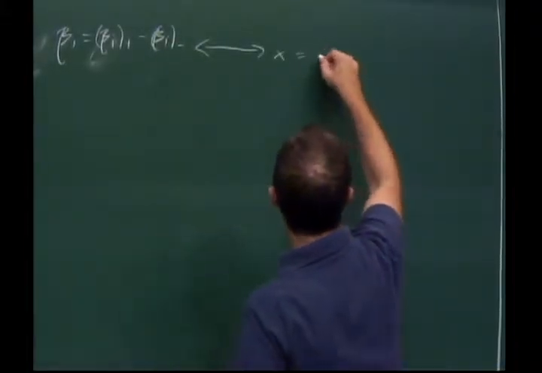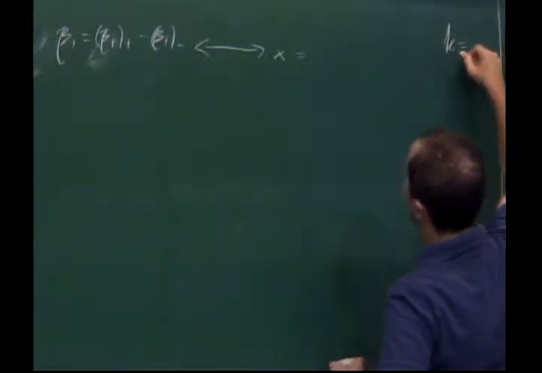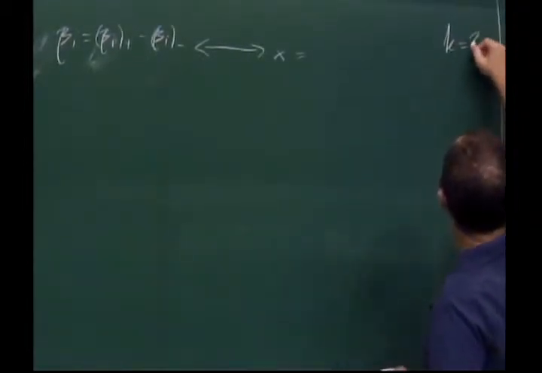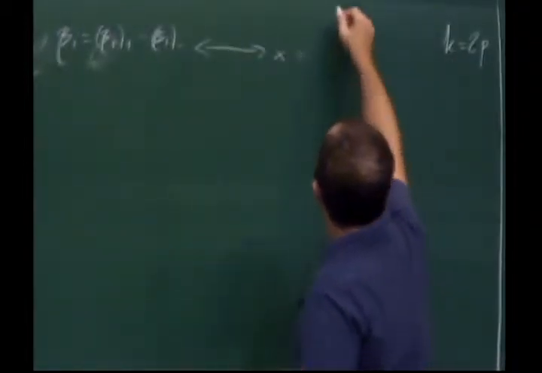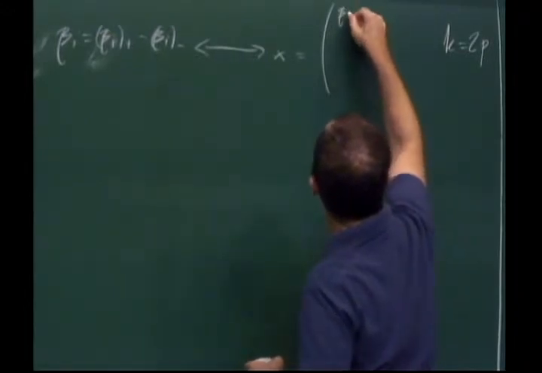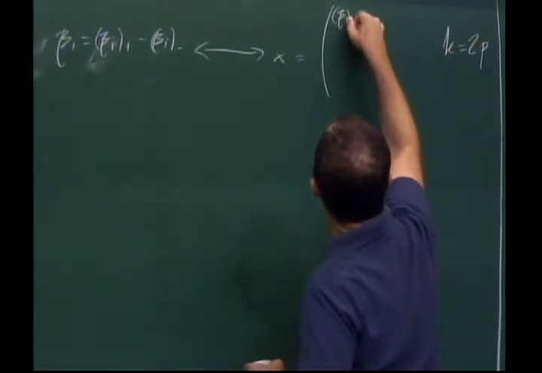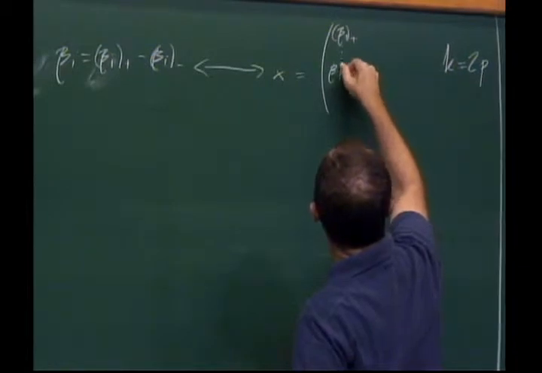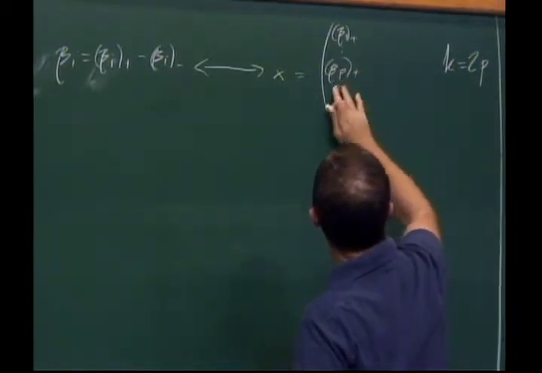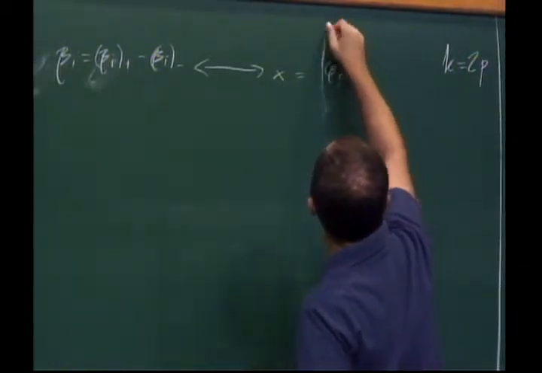So in order to have a vector with non-negative coordinates, I'm going to take k, the dimension of x, to be 2 times p. And x is going to be, well, first you list the positive parts, and then you have the negative parts.